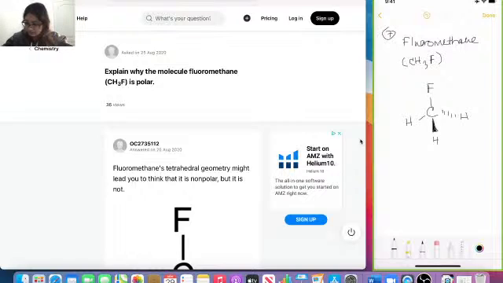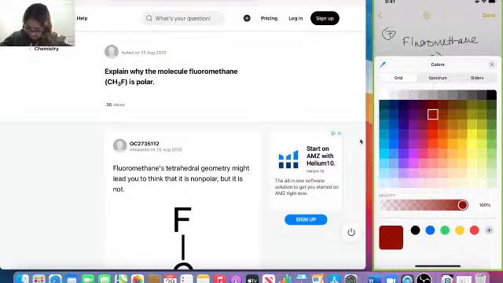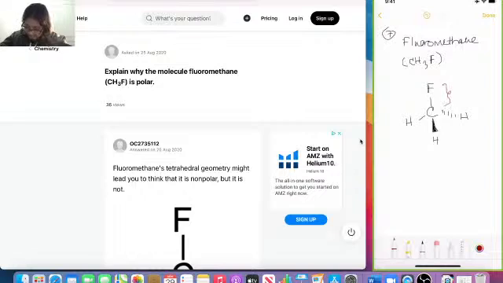Okay, so this might lead you to think that it's non-polar, but it's not, because they have different magnitudes and polarities, and what this means is your CF bond right here, this bond right here, is slightly more polar than your CH bonds right here.